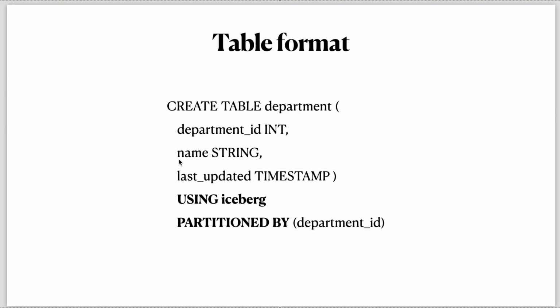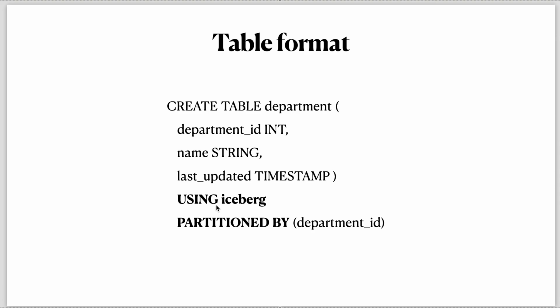If you see, this table creation is 80% similar to standard SQL. We have a department table where we have three columns or properties: department ID, department name, last updated timestamp. Very normal data types, similar to SQL.